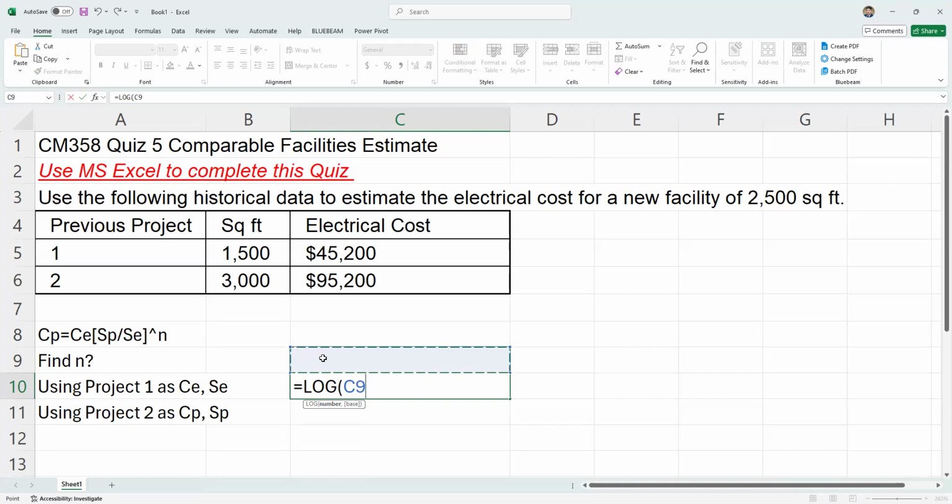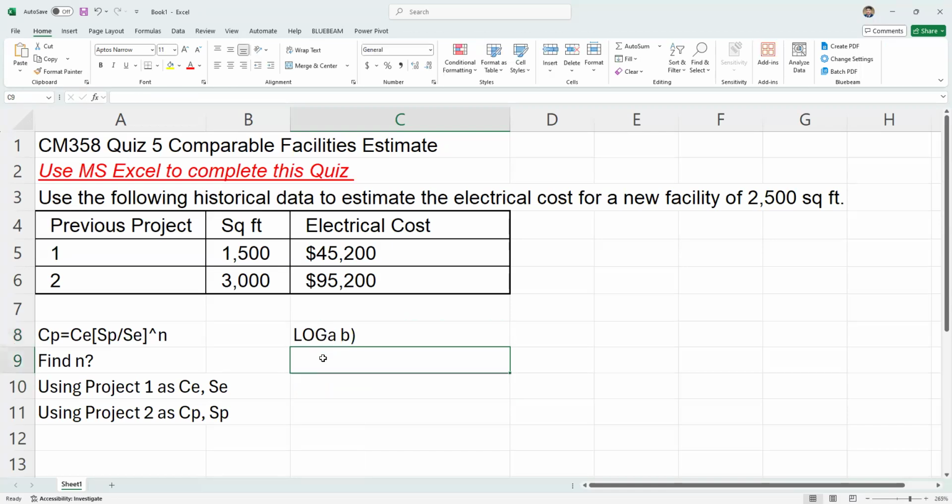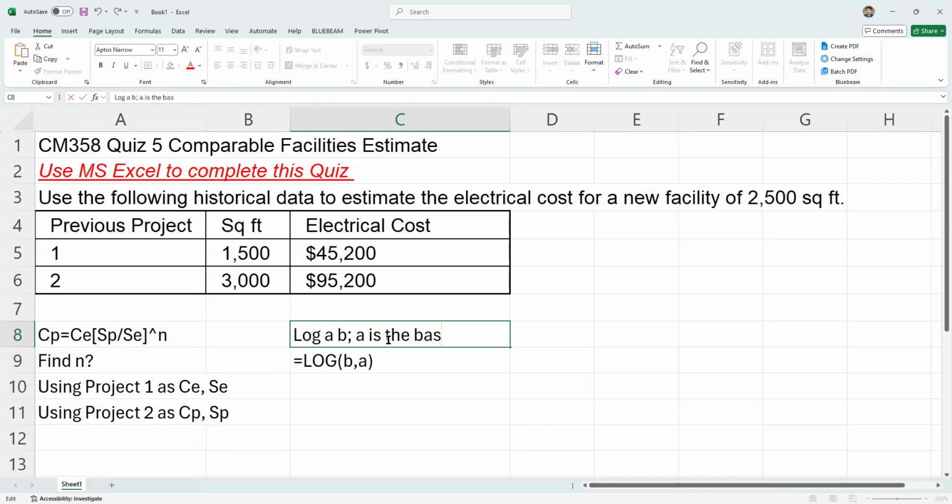So it's most likely something like log base A of B. But when you type it into the equation in Excel, your typing will be something like log(B, A). So A is the base, right? But when you type it in, it is in the reverse order.